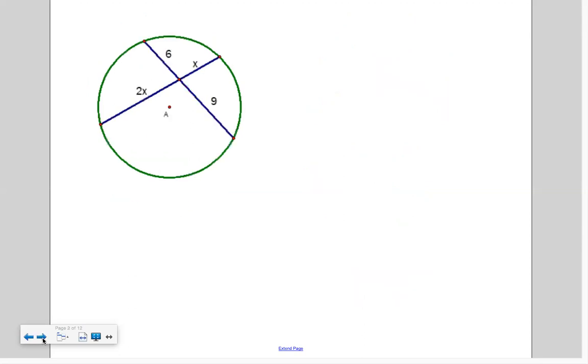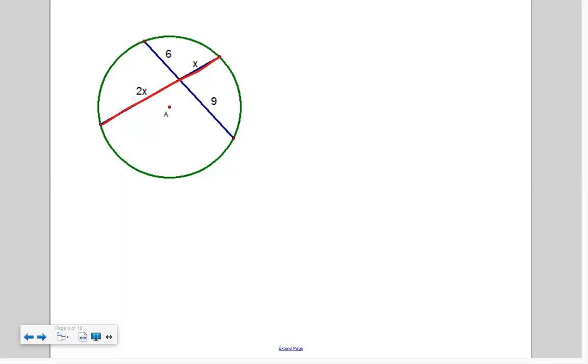Okay, here's another one where one chord has two segment lengths of 2x and x, so kind of two unknown lengths here. But we can set it up the same way. Again, I'm coloring one of these chords a different color just so it's easier to identify it.